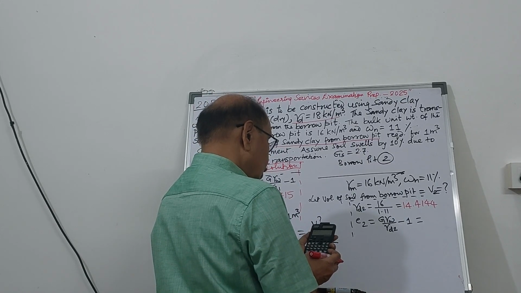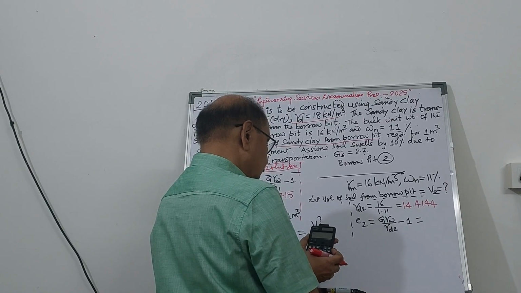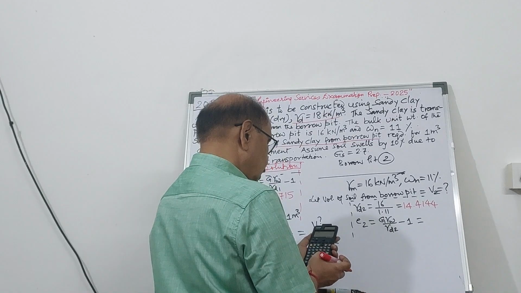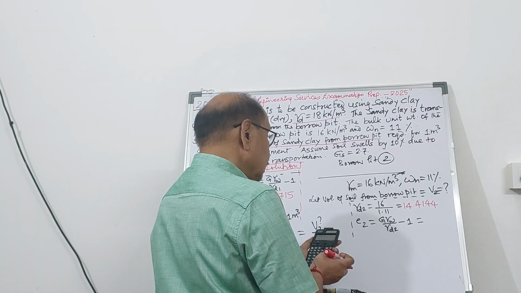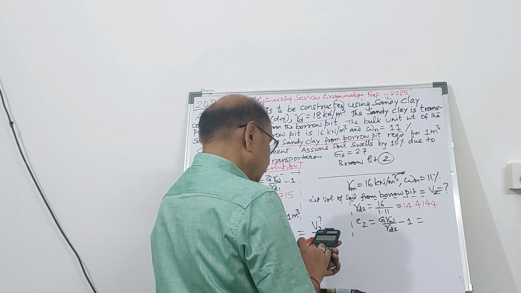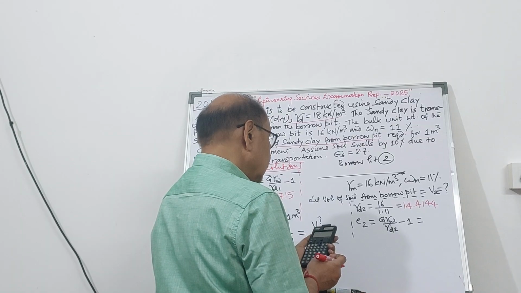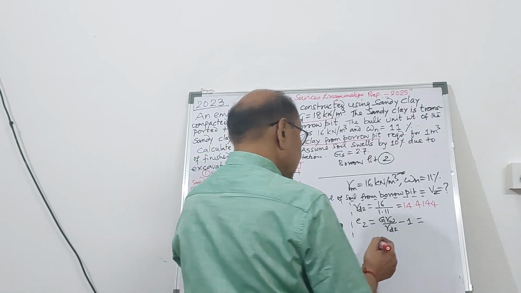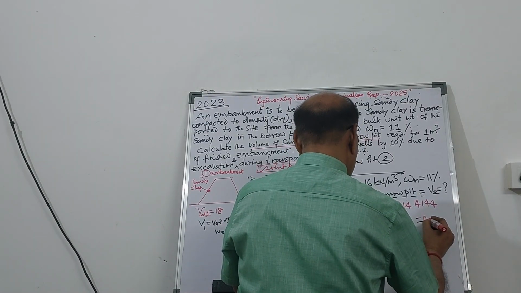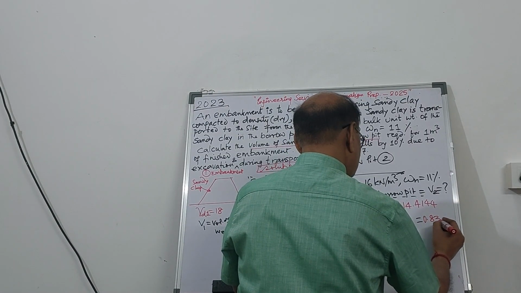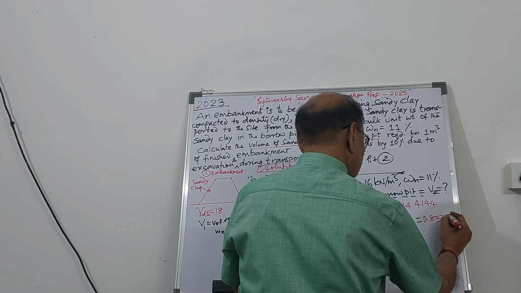So 2.7 into 9.81 divided by that, minus 1, so this becomes 0.8375.